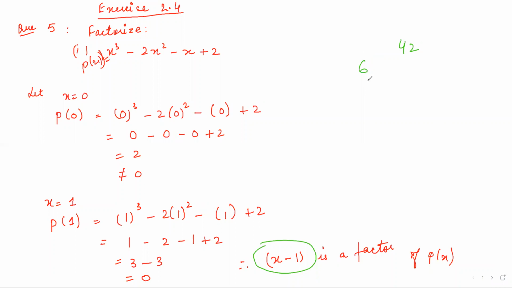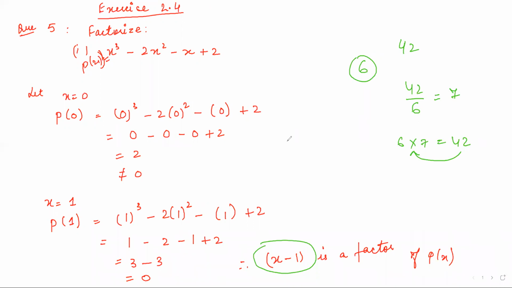So one factor I know, I want to find the other factor. What will I do? I'll divide 42 by 6. So I get 7, which means 7 is another factor. You can check that 6 into 7 is equal to 42. So 42 can be written as a product of two factors. Is this clear?